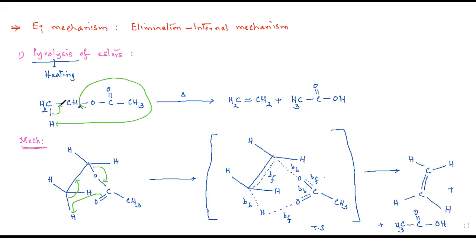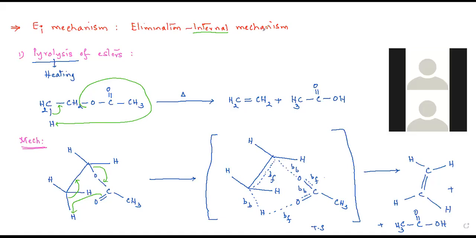See, in this, we are eliminating things from the same species. So it is internal elimination of the two species from the same species, from the same molecule internally. So this is called elimination internal mechanism. Okay.